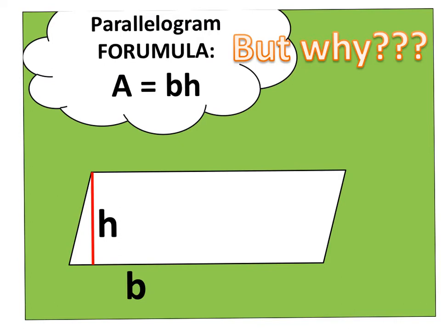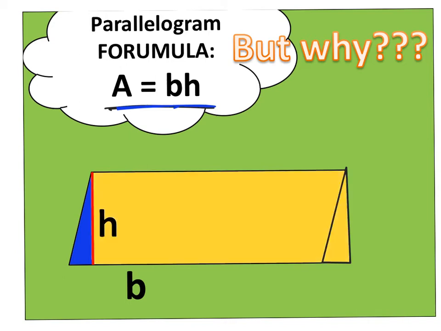All right, so parallelogram is A equals BH. Now that is the same as any rectangle. Remember, base times height forms a rectangle, and we'll show you why specifically. If I take this one little piece and I remove it and add it to the other side, I then get the total original rectangle.